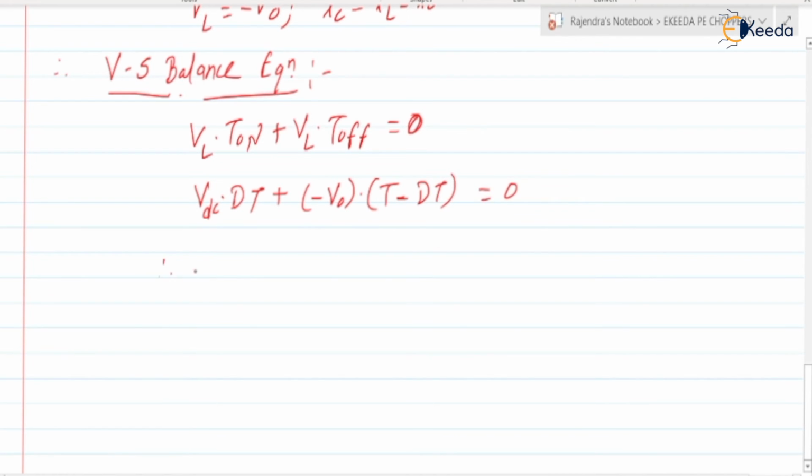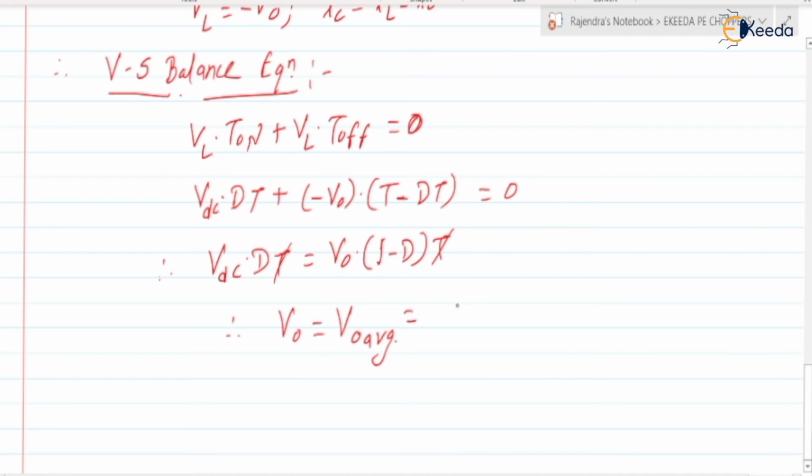So this can be written as VDC into dT is equal to V0 into (1 minus d) into T, shifting this term to the right hand side. So this T will get cancelled. Therefore, V0, that is V0 average, is equal to d upon 1 minus d into VDC.